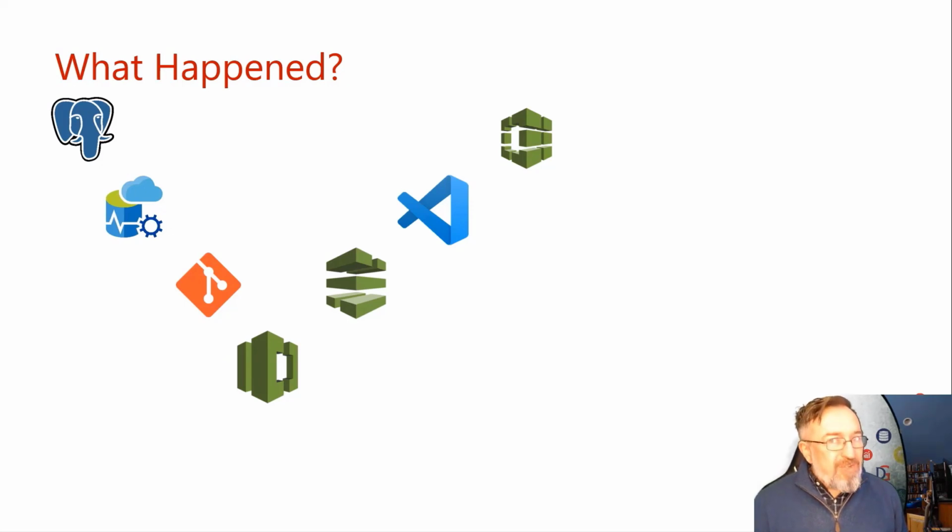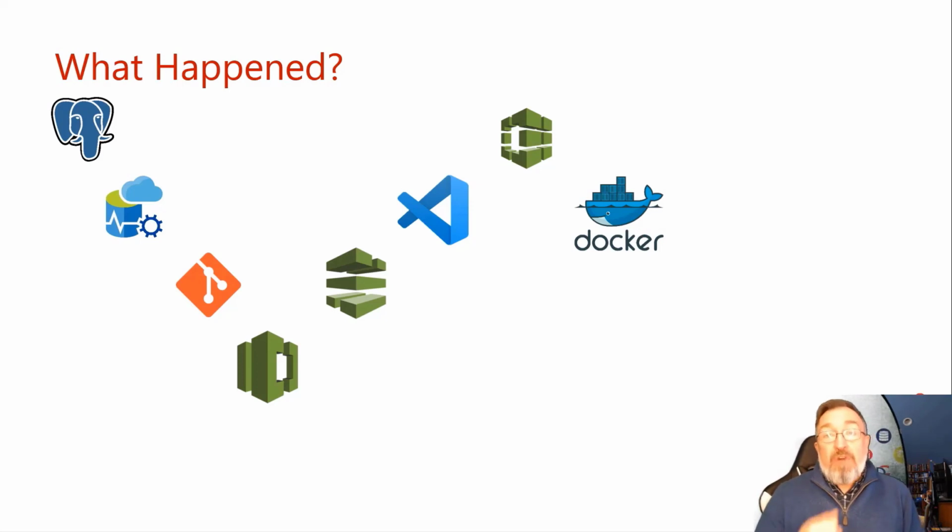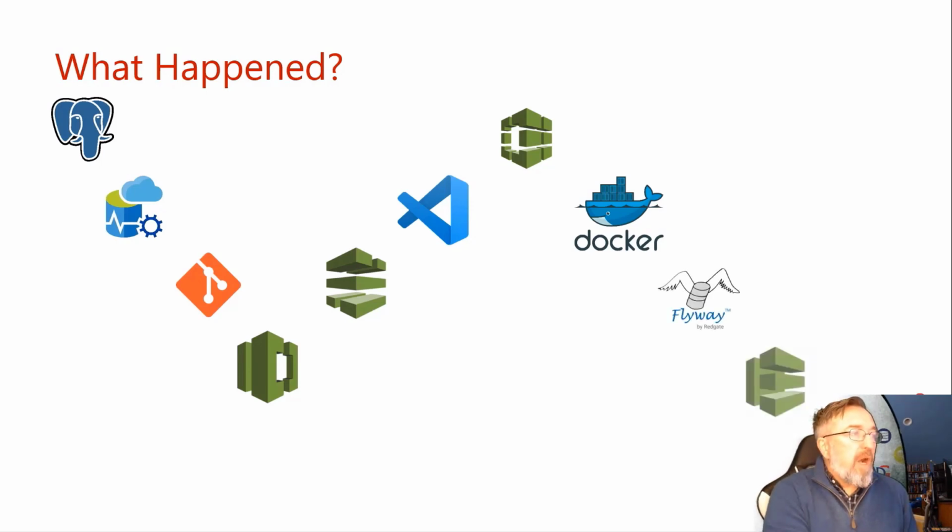Yes. See, when I told you that it's not hard and it's not really complex, but there are a lot of moving parts. Next, we fired up a Docker container. Cool, right? The Docker container had Flyway on it, and that's going to run its processes. Excellent. So we know what's happening there. And Flyway ran. Cool. So Flyway ran.